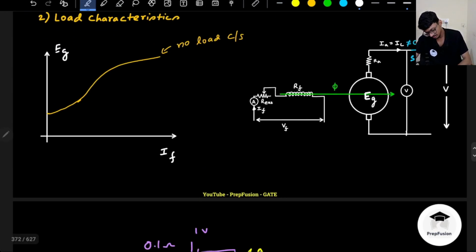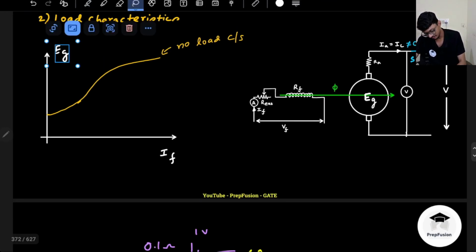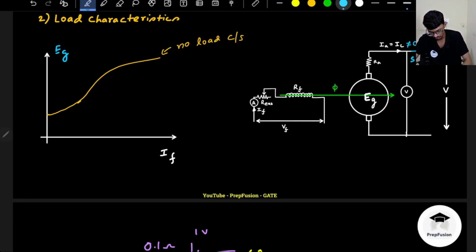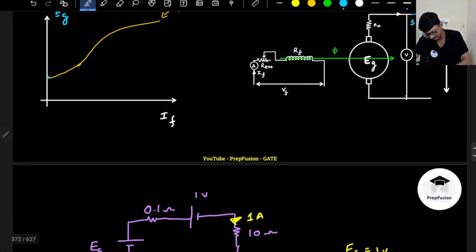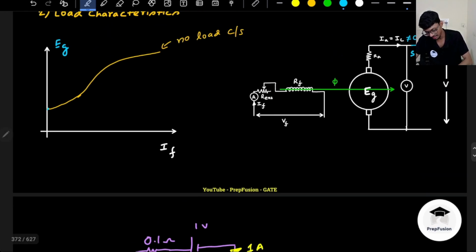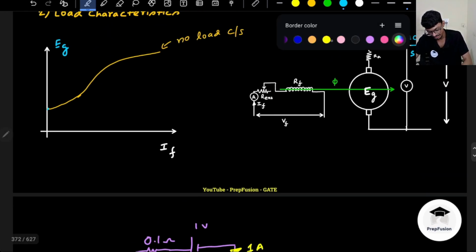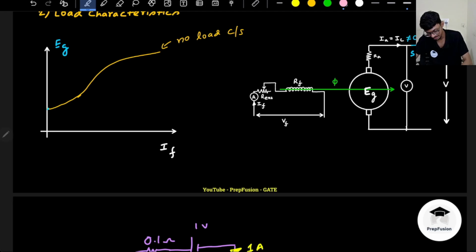So Eg, if I draw the Eg graph in blue, Eg will be almost similar. If armature current is there, basically I will have some residual amount of flux that will still be the starting point, but this time as the armature reaction is considered, it will be starting below the graph.